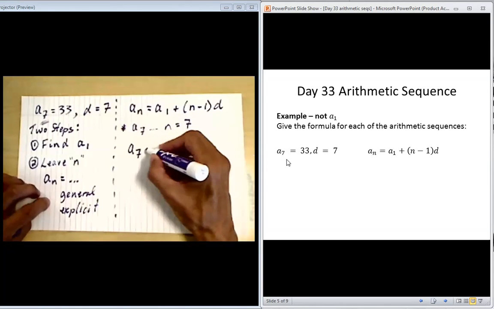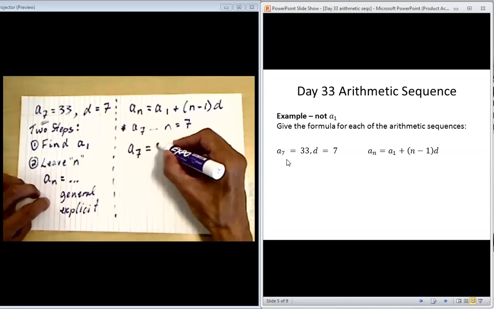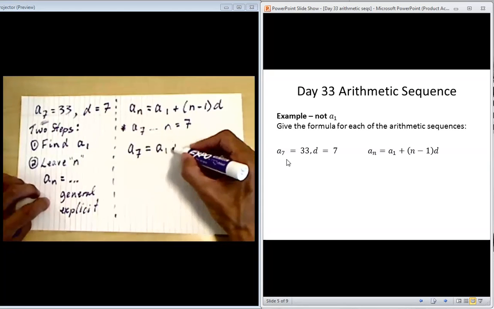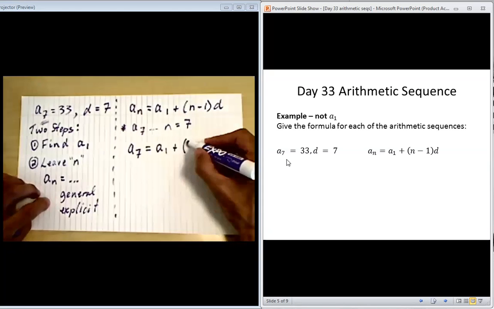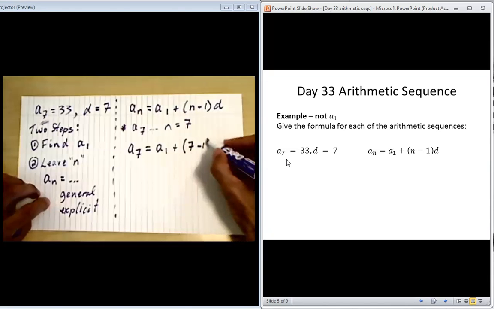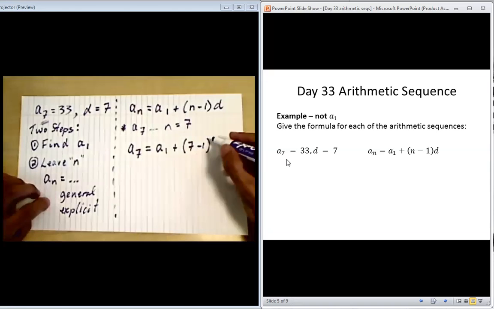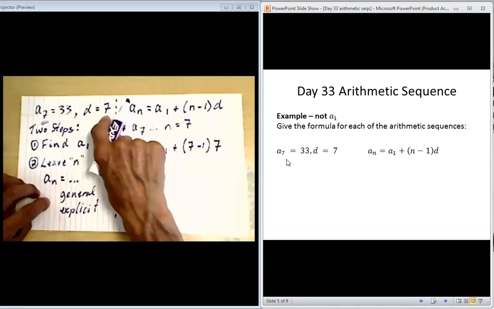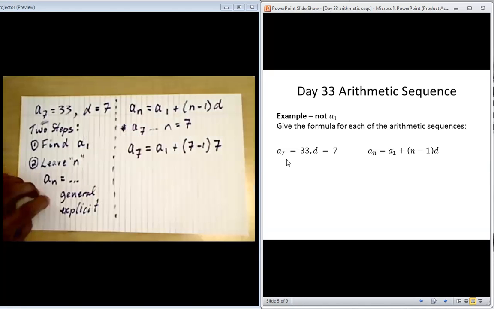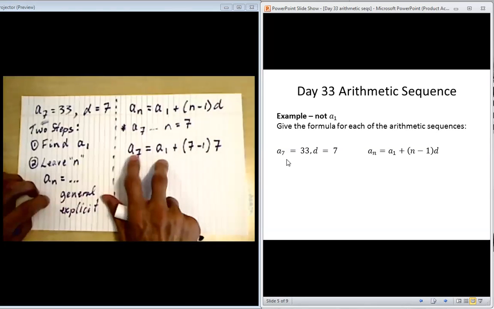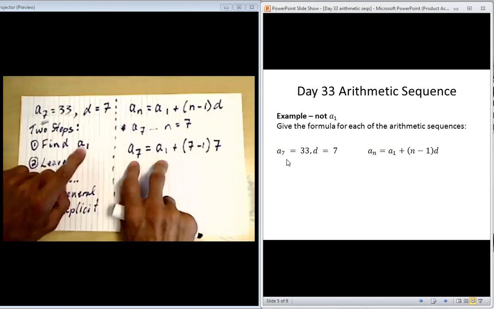We get A7 is equal to A1 plus 7 minus 1 for the N times 7 there at the end from the D. So notice right now we got two unknowns, A1 and A7. And we got to find what A1 is.